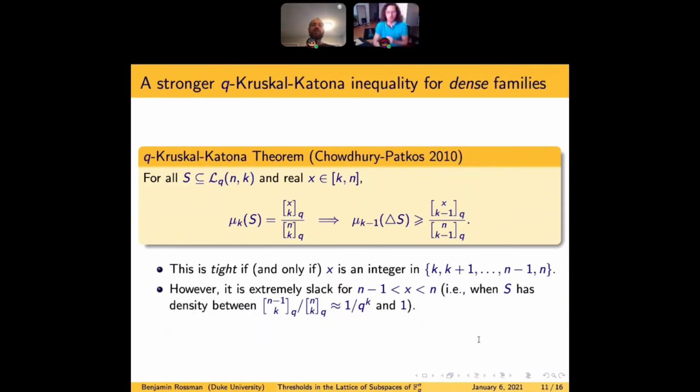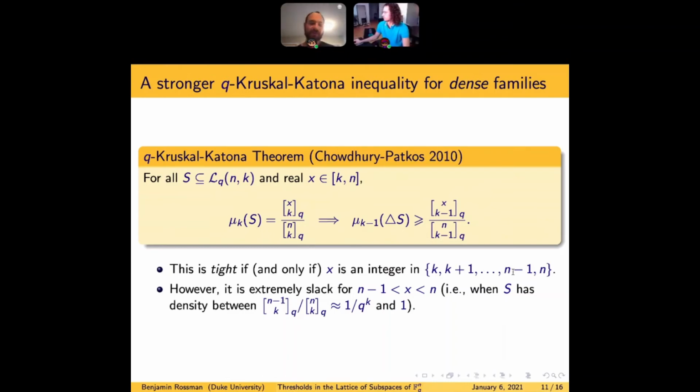Here I've restated the q-Kruskal-Katona theorem of Chowdhury and Patkós, which was previously known. I'm just stating it in terms of densities, dividing by the q-binomial coefficients on both sides. They showed that it is moreover tight if and only if x is an integer.